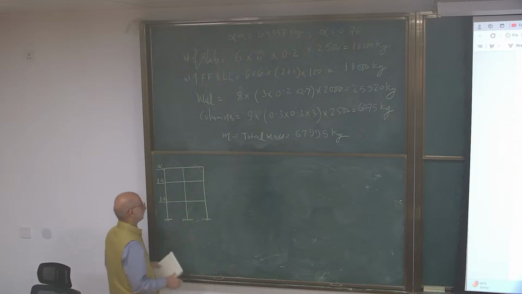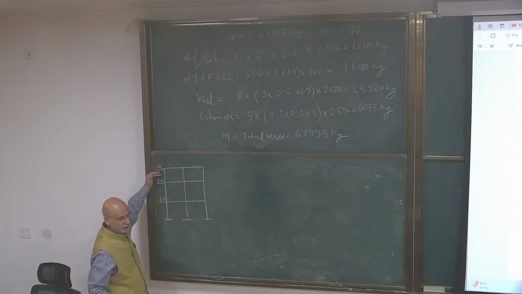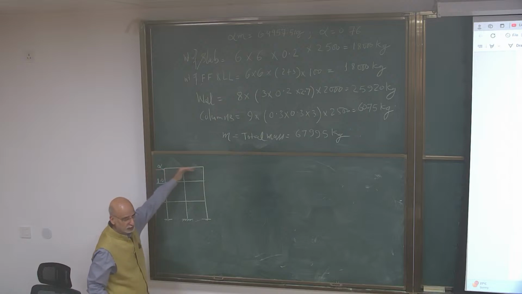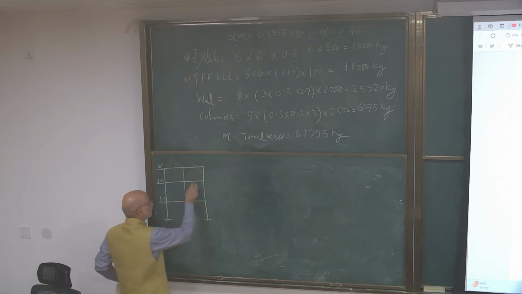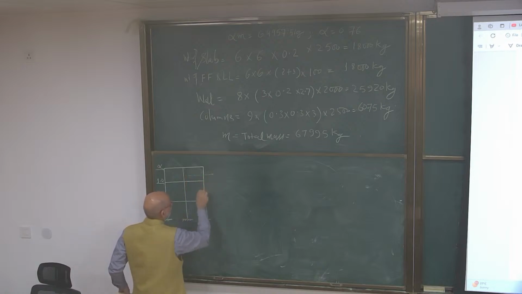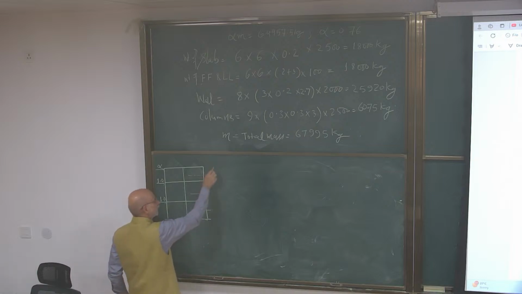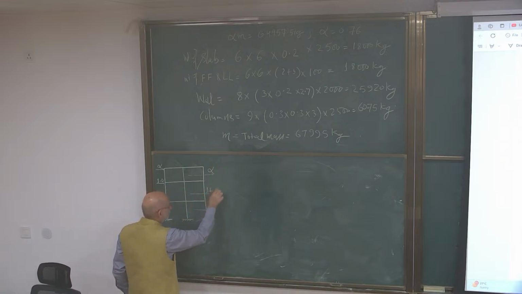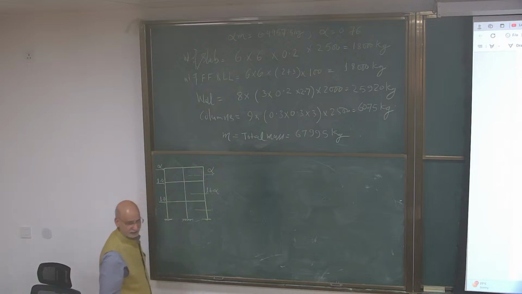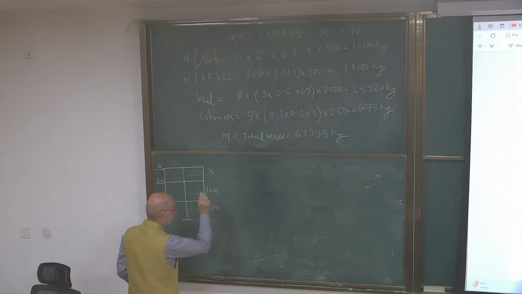So if I apply this, this is the lateral force distribution. How much is the shear at this level? Alpha. At this level, 1 plus alpha, 2 plus alpha. Perfect.